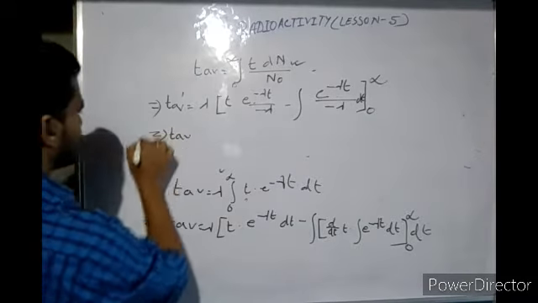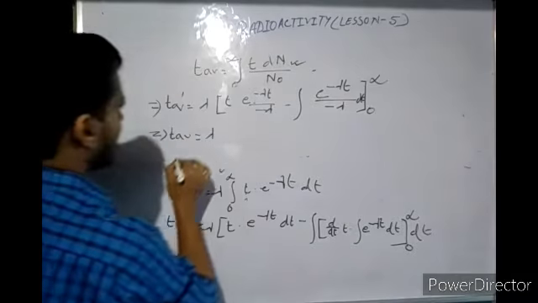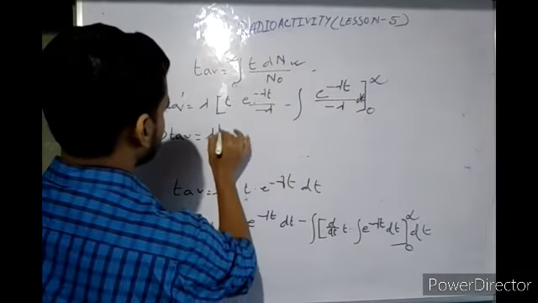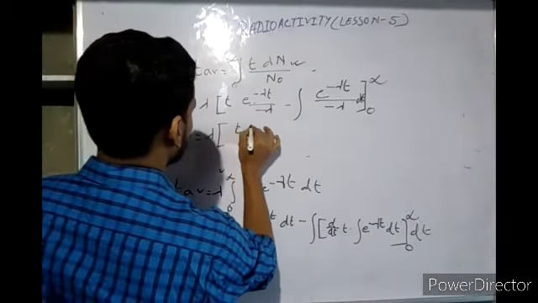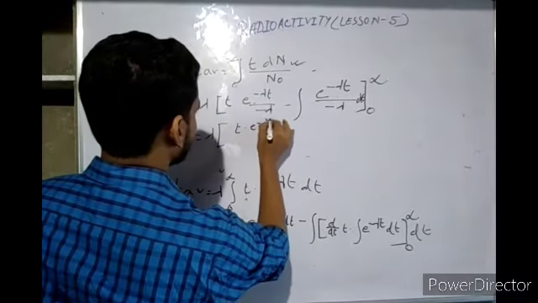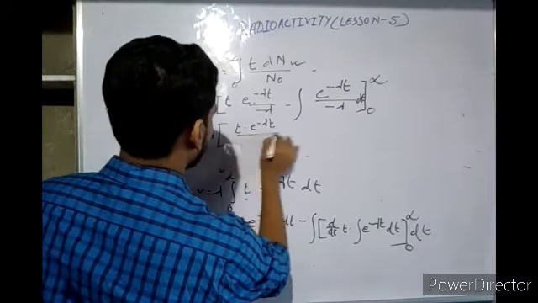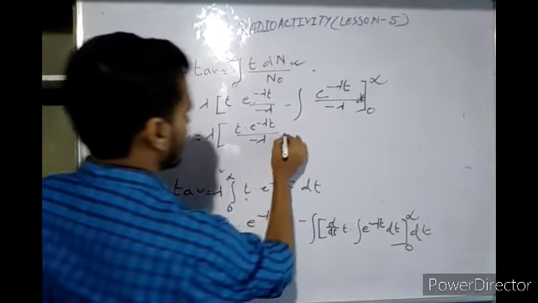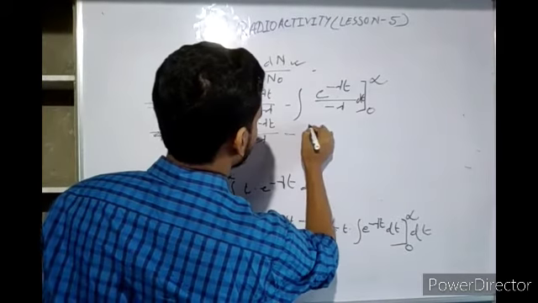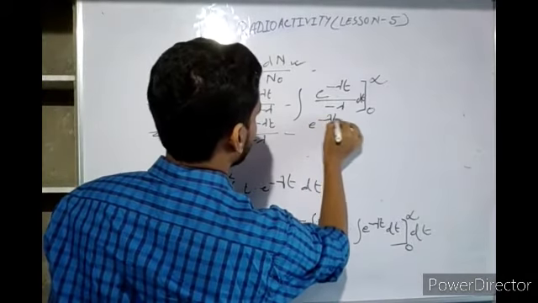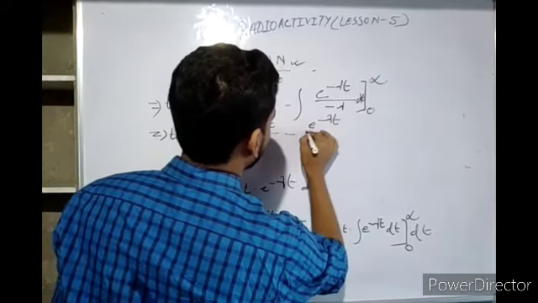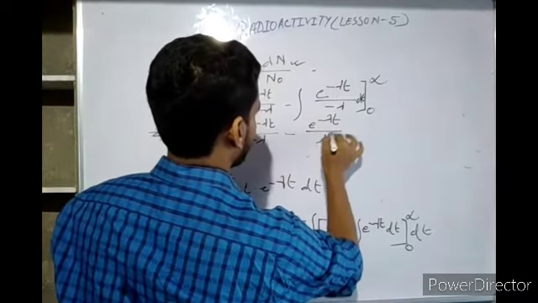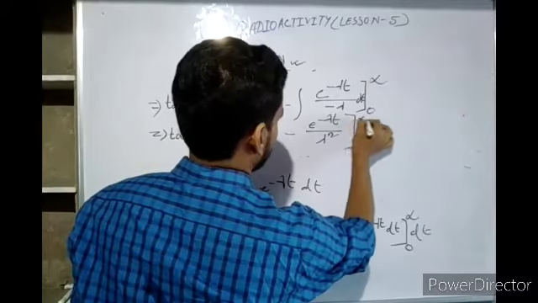T average equals lambda times t e to the power minus lambda t by minus lambda, minus e to the power minus lambda t by minus lambda into minus lambda, that is lambda square, from 0 to infinity.